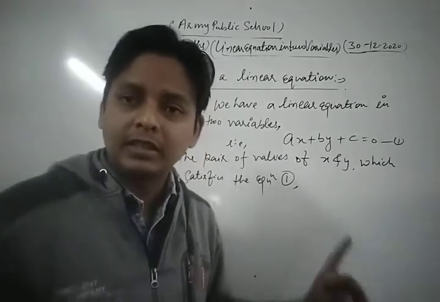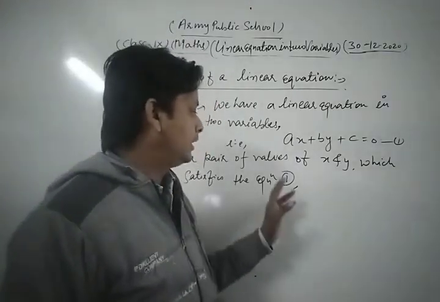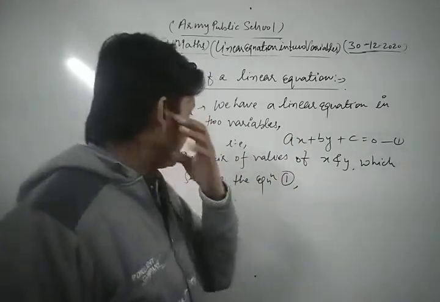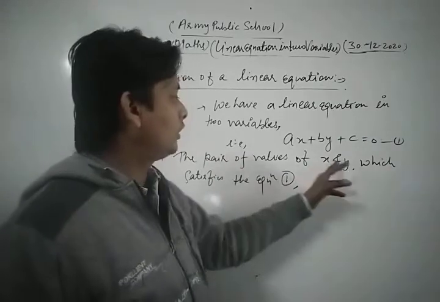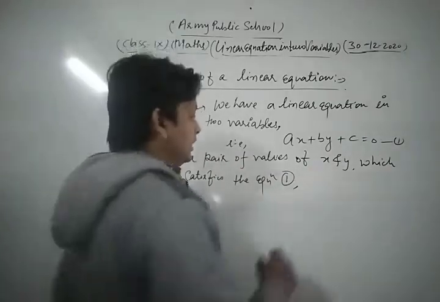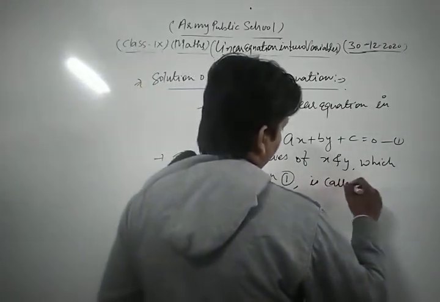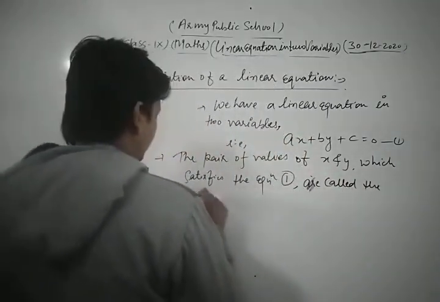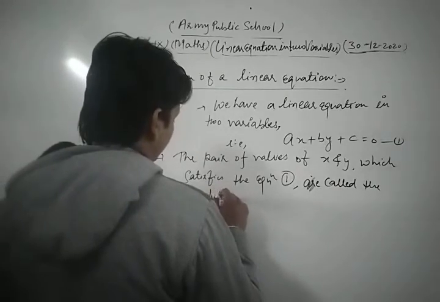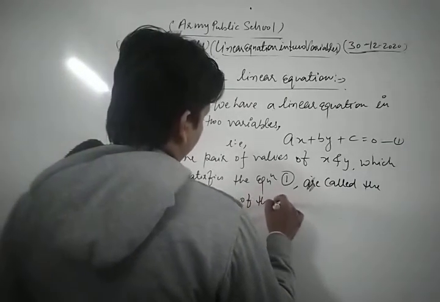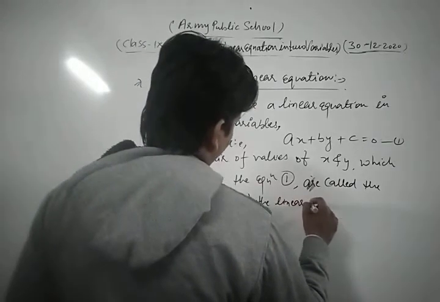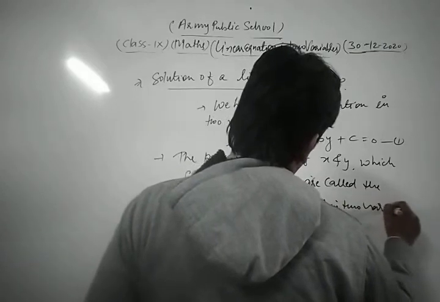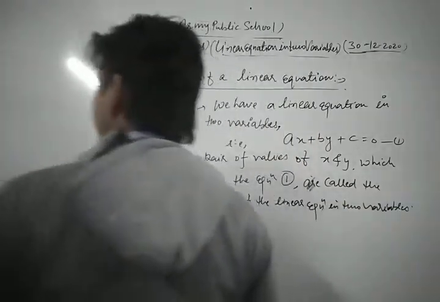So in that condition, we can say that the pair of values of x and y which satisfy equation 1 is called the solution of the linear equation in two variables.